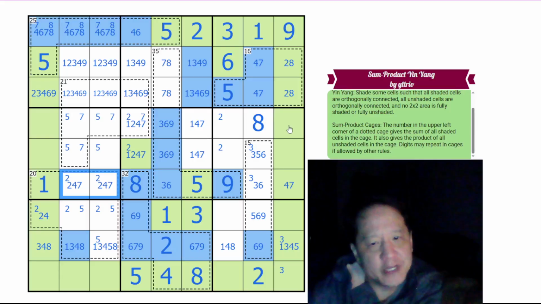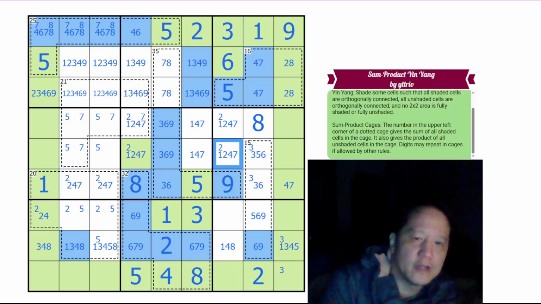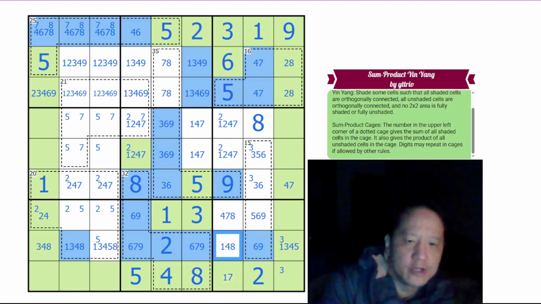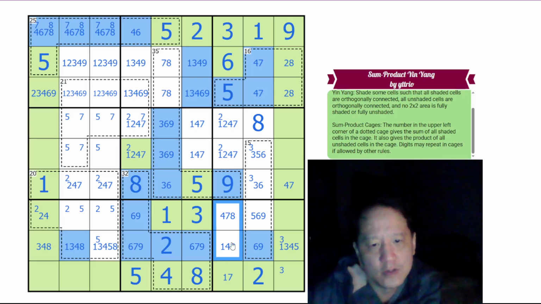Okay, remaining digits in column 7. We have 1, 2, 4, 7, 8. And this can't be 8 because of 8 in the box. No 2 here. No 4, 8 here. No 1 here because of digits in the row. So guaranteed an 8 in one of these cells there.